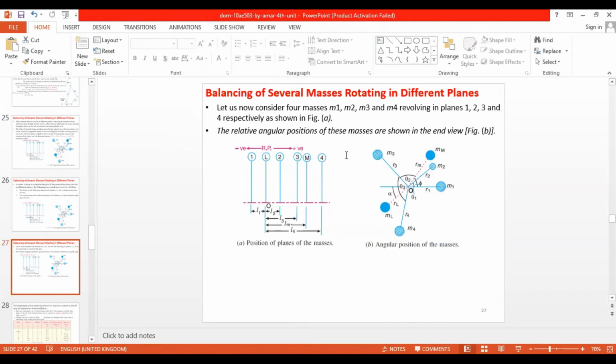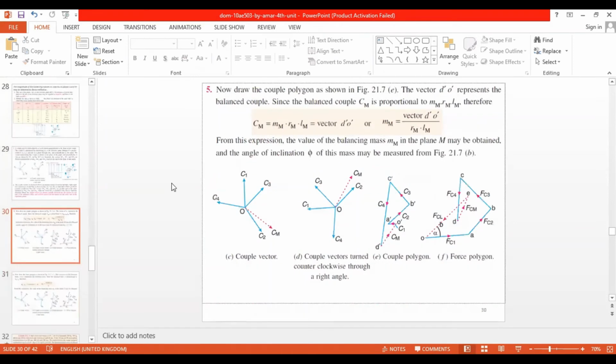Here is the diagram for this statement. Masses m1, m2, m3 and m4 are rotating in planes 1, 2, 3 and 4, and the angular positions theta and phi are all shown in the end view. Now we will see how to solve this.